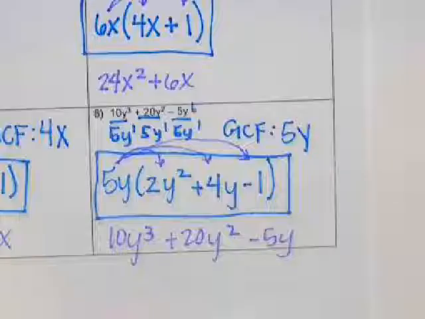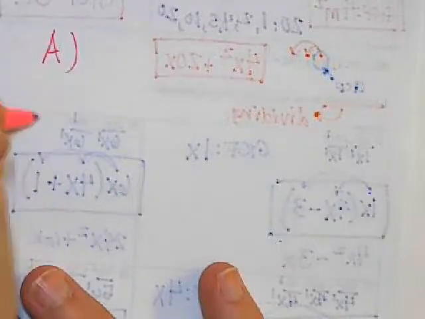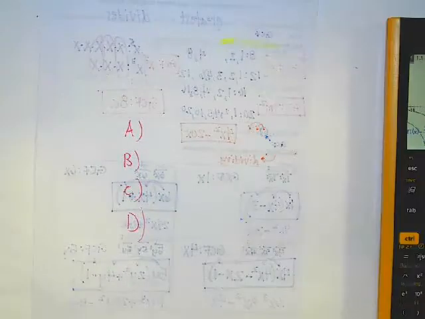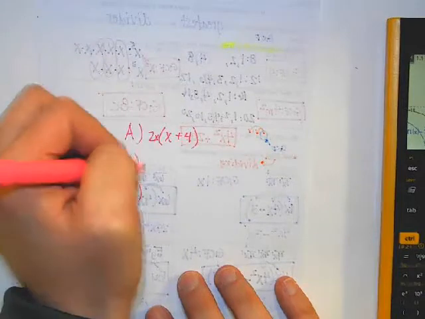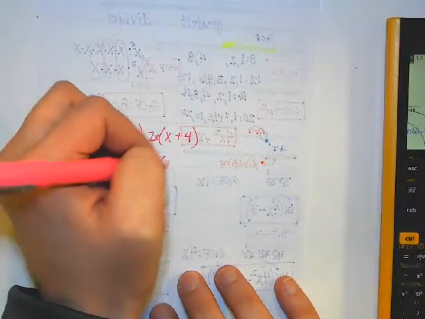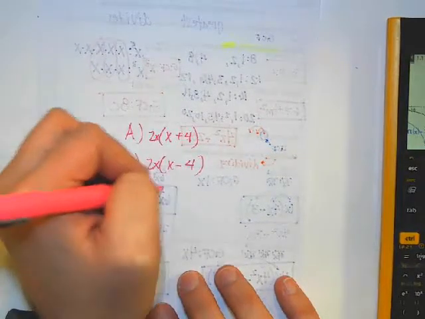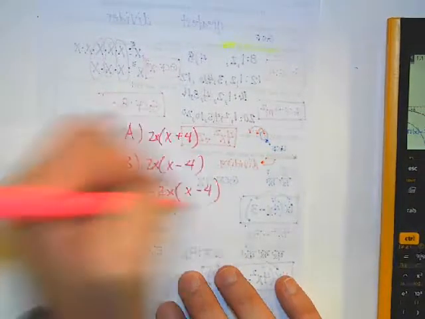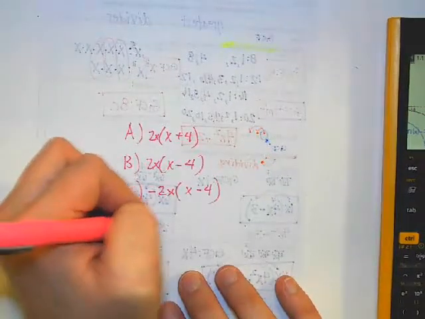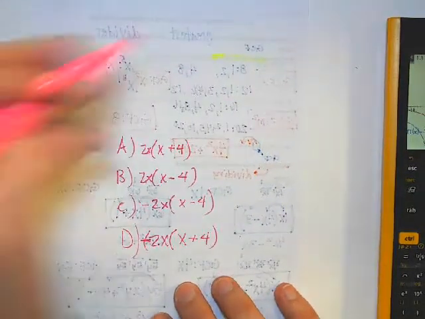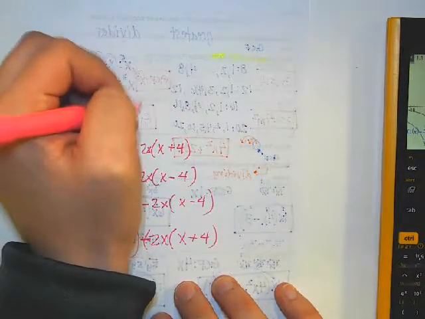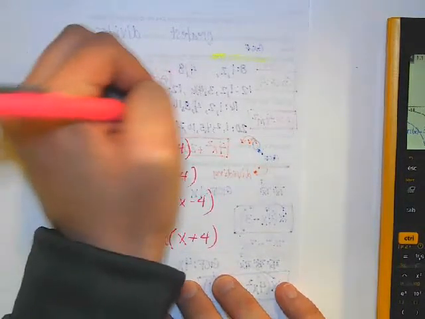If you had a problem like this, A, B, C, D, and your answer choices were 2x times x plus 4, 2x times x minus 4, negative 2x times x minus 4, negative 2x times x plus 4, and it wanted you to factor 2x squared minus 8x.